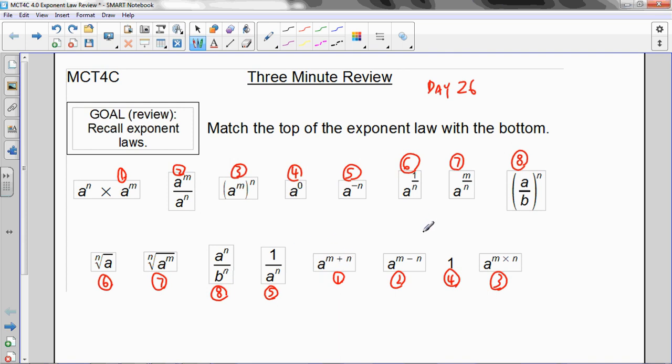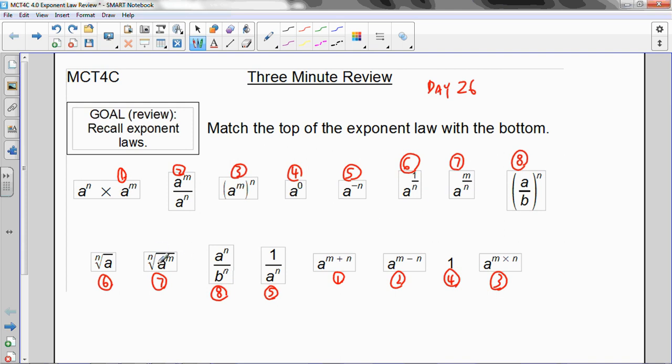And so on. One that I want to mention because we're going to be using that today, and it's brand new last year. The other ones were probably grade 10 for most people, but that one right there is new: a to the exponent m over n. Well, fractional exponents like this mean roots, and so it's a radical like this.